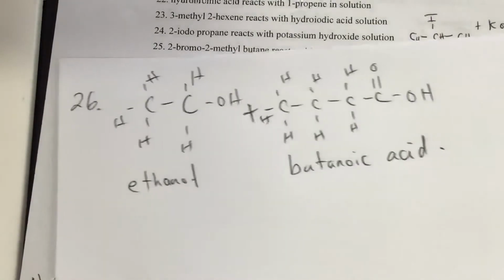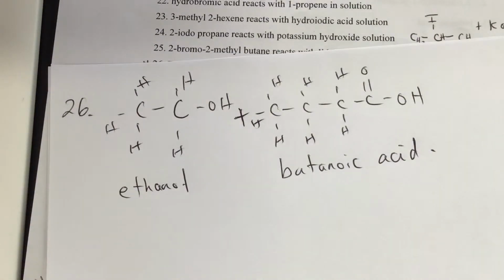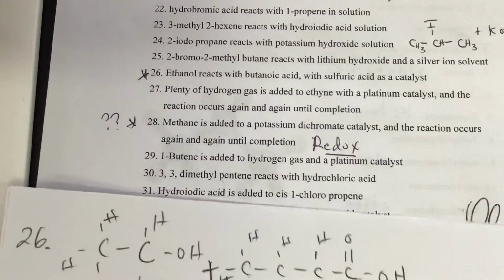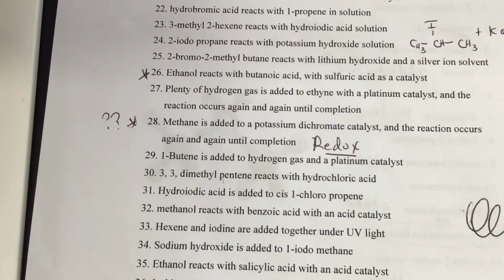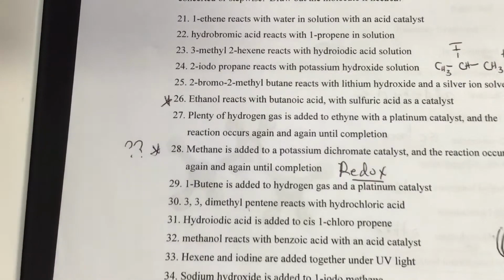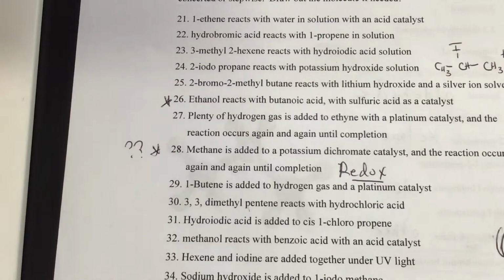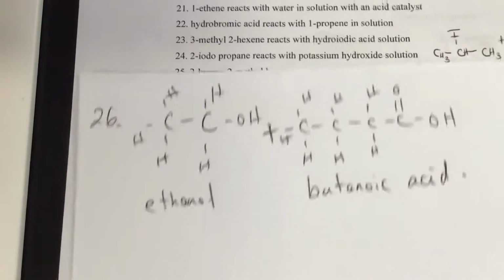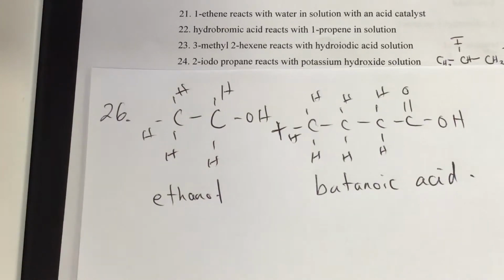Now, we've talked about this one before, quite a few times. Here we've got an alcohol and we're adding it to an organic acid. When we add an alcohol to an organic acid, we make an ester or an ether? We make an ester.